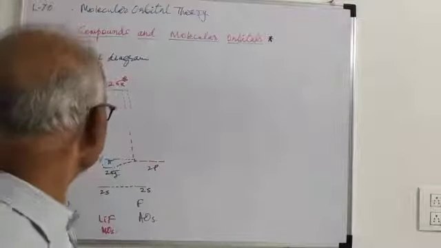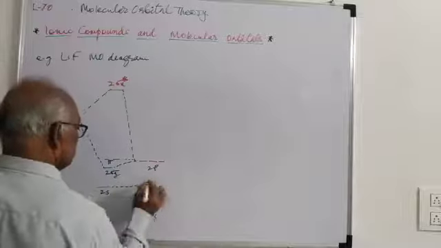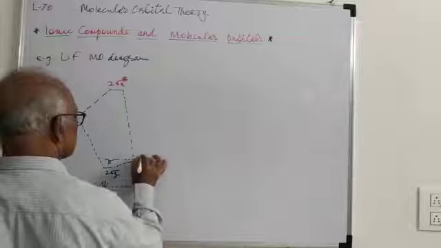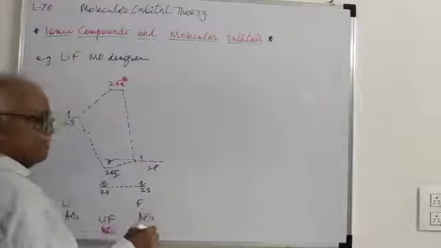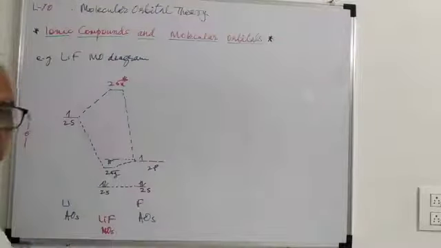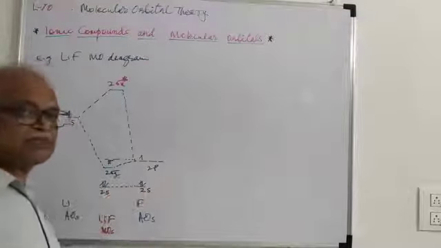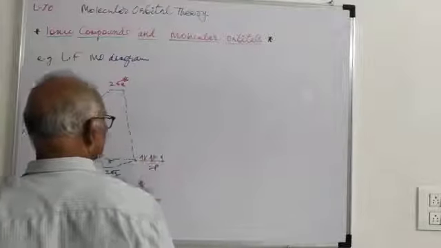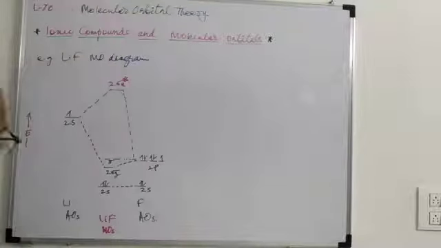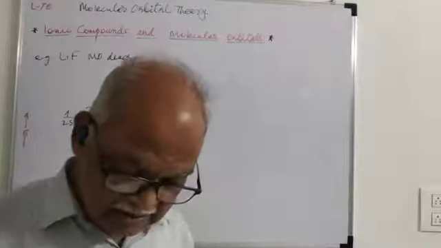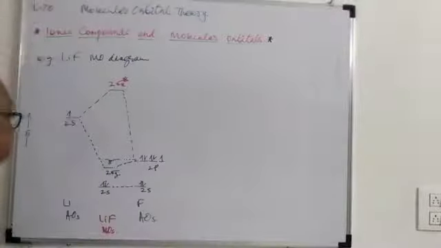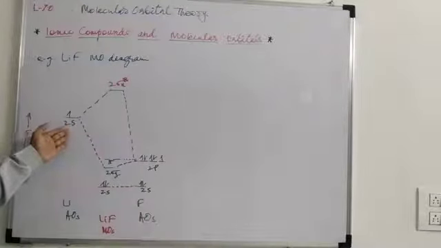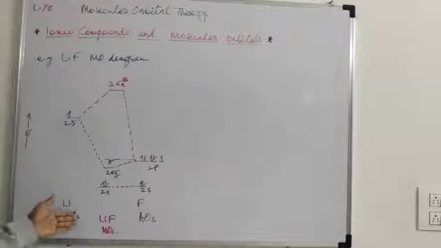Now, if we show the electrons, there are 2 electrons in this 2s. There are 9 electrons in all in fluorine, out of which 2 are in 1s, 2 electrons in 2s, and the remaining 5 electrons in 2p. If you observe this diagram, you will find that the pi molecular orbitals do not have any matching symmetry orbitals from lithium.